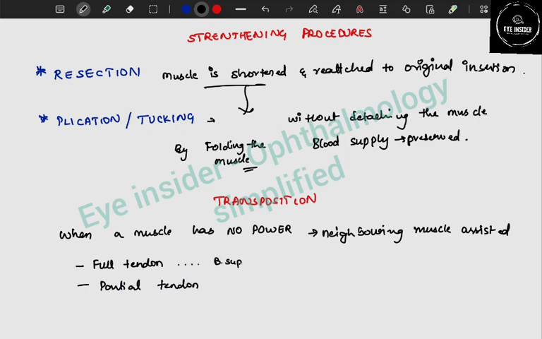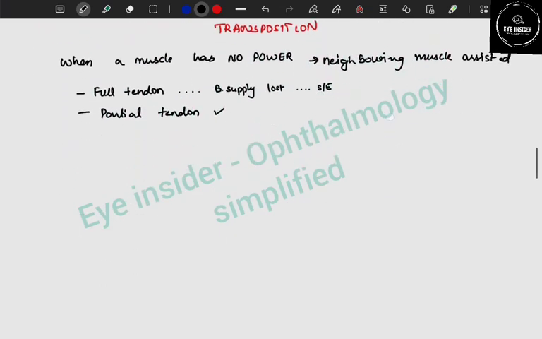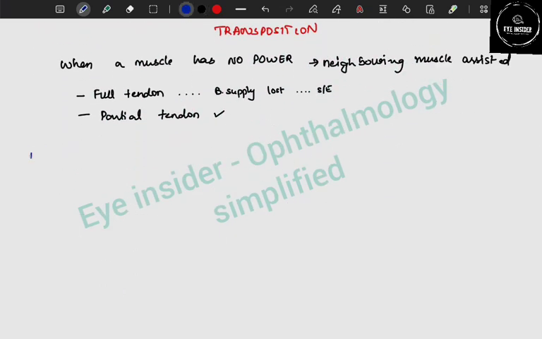We can perform either full tendon transposition or partial tendon transposition. The full tendon is not preferred because the blood supply is lost and can lead to other side effects. So whole muscle transposition is the procedure which involves full tendon transposition.